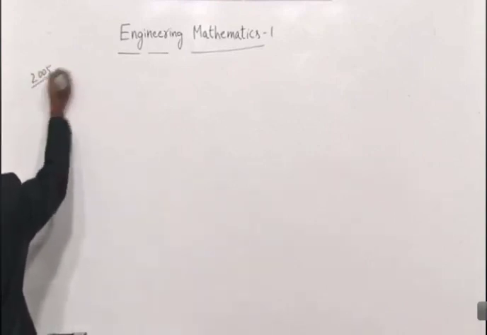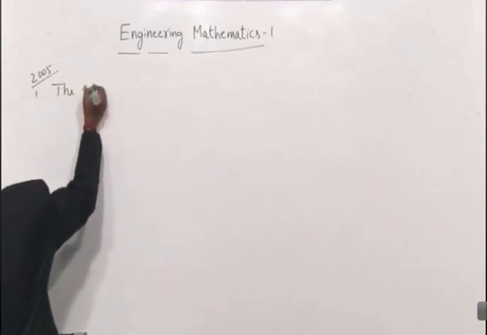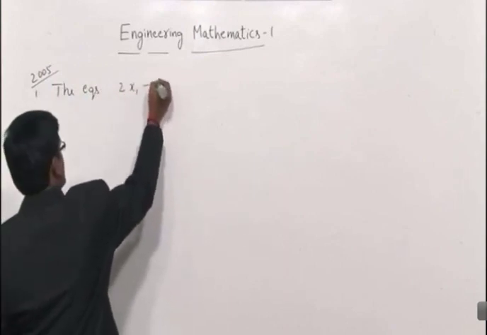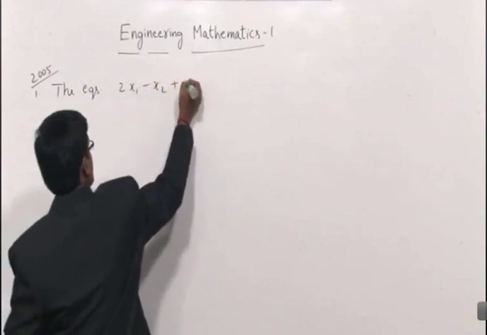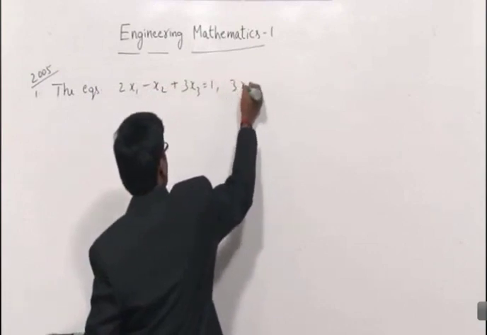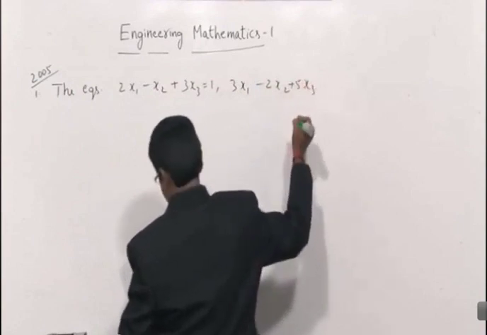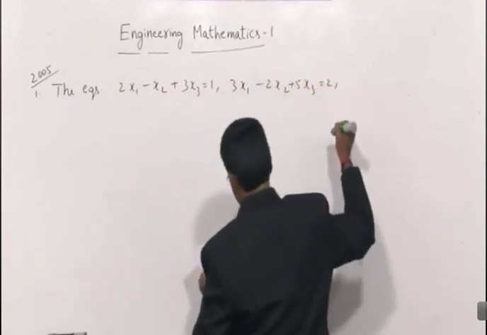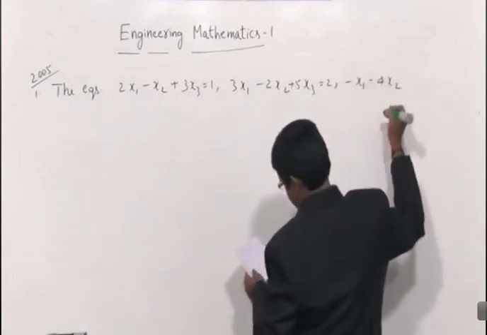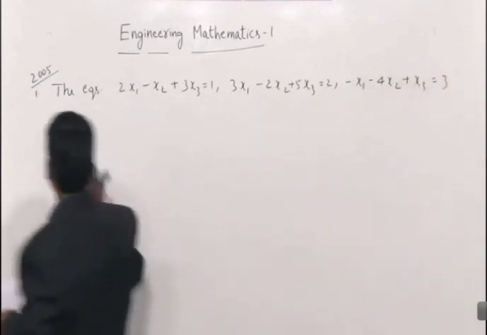So this is the problem, GATE 2005, 2 marks, question 1. The equations 2x1 minus x2 plus 3x3 is equal to 1, 3x1 minus 2x2 plus 5x3 is equal to 2, minus x1 minus 4x2 plus x3 is equal to 3.